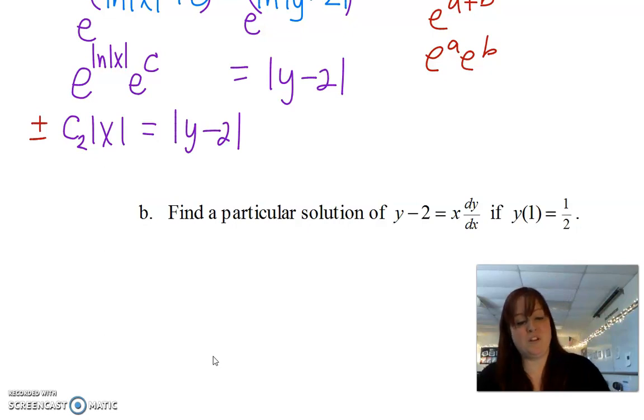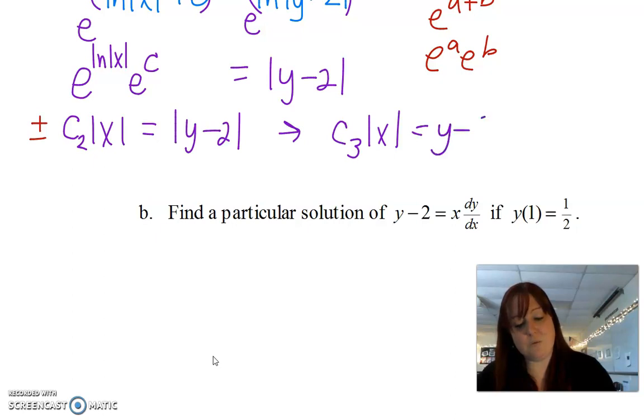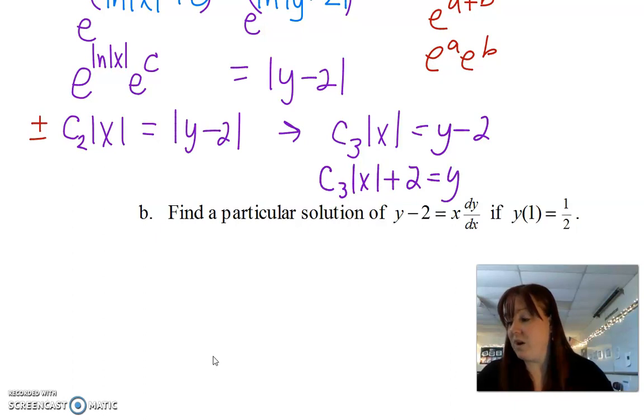So, poof, our absolute values are gone, because instead of c2, we're just going to call this c3 because it's another constant. We have y minus 2, because positive c and negative c are both still just a c value. Then I add 2 to both sides, so I get c3 times the absolute value of x plus 2 equals y. So there's our general solution for this equation.